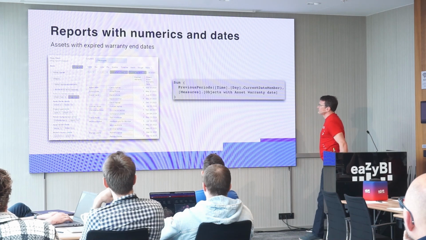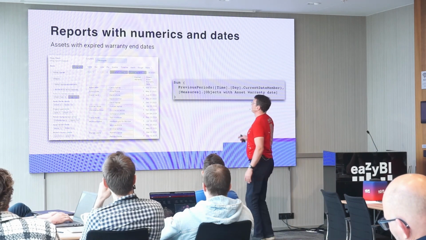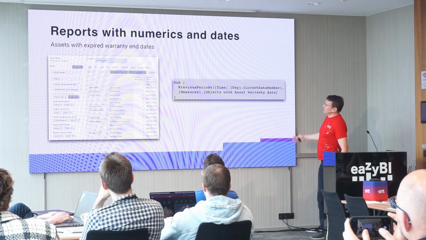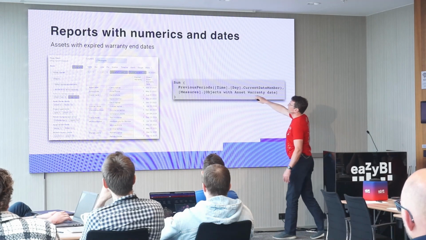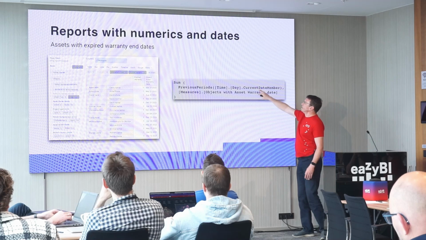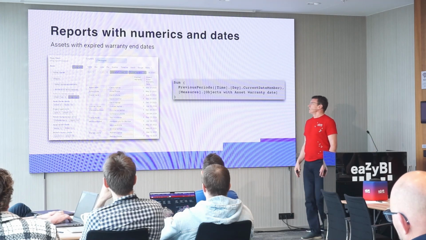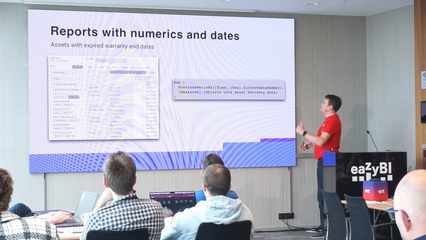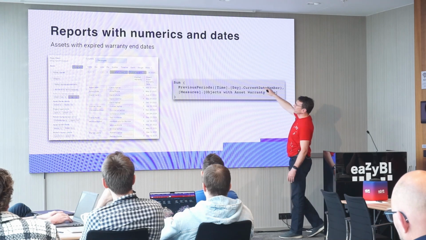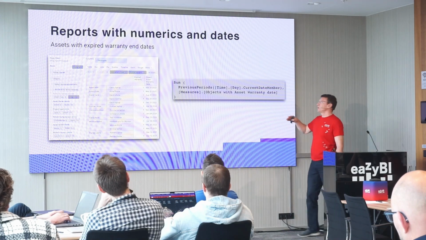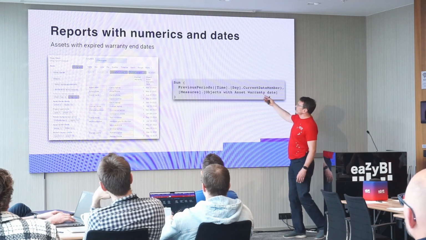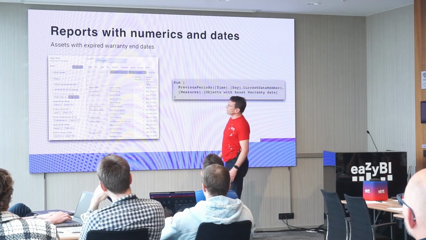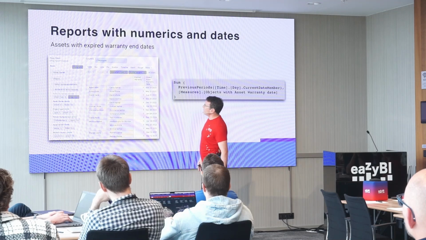I just aggregated the count of objects with a warranty date in the periods before today. Well, including today, I think. No, previous periods start from yesterday. So that is the count of objects that have an expired warranty date.